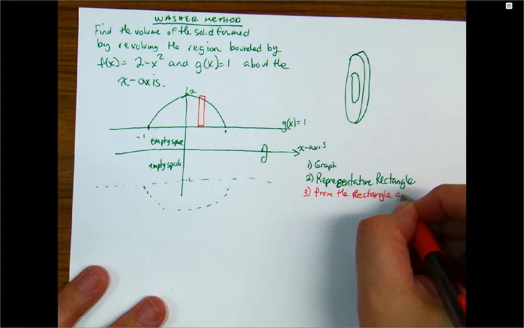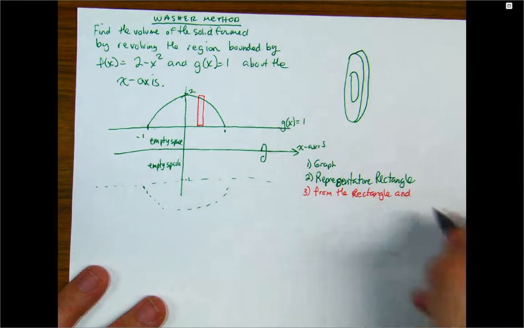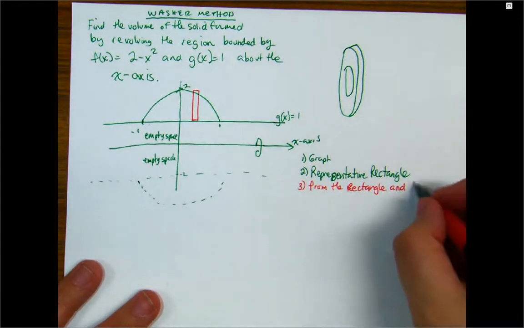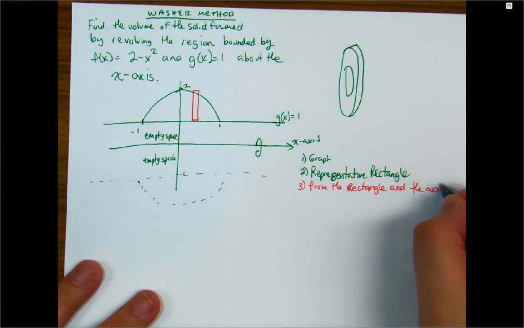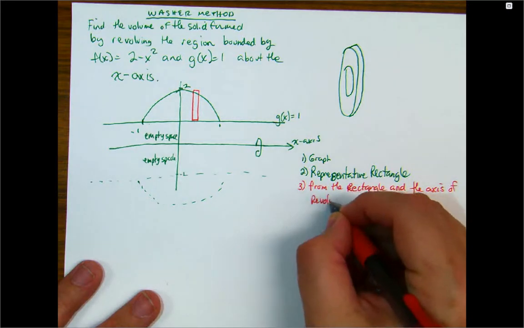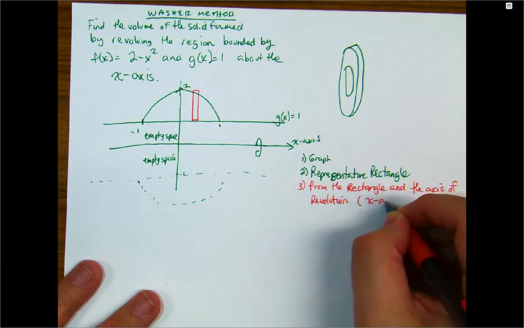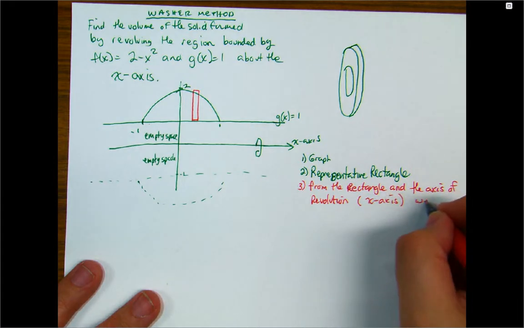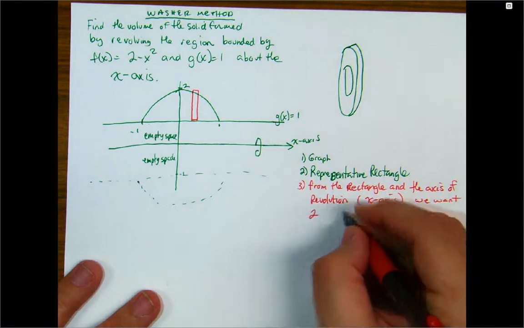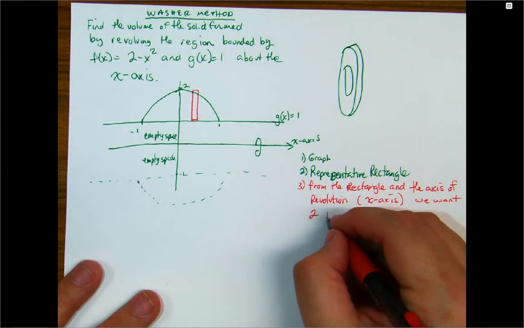All right, now from the rectangle and the axis of revolution, in this example, it's the x-axis, we want two lengths.